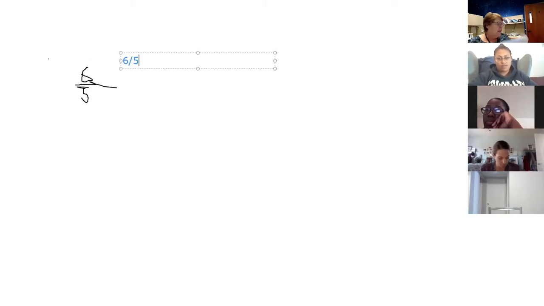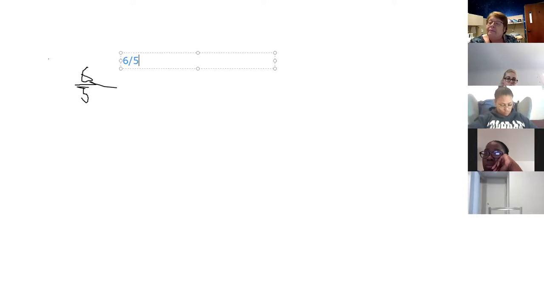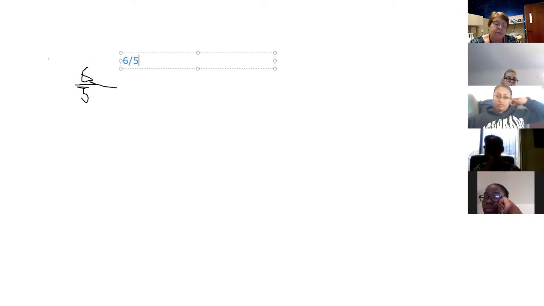How do we change that to a proper fraction? 1 1/5. You have to divide it. We divide the 6 by the 5, so the 5 goes into 6 one time, right? 1 1/5. And then our remainder, or what do we have left?